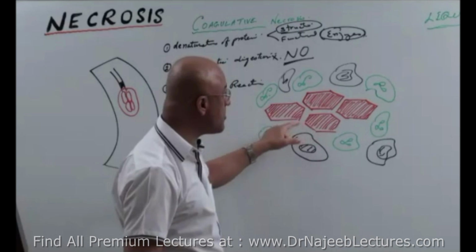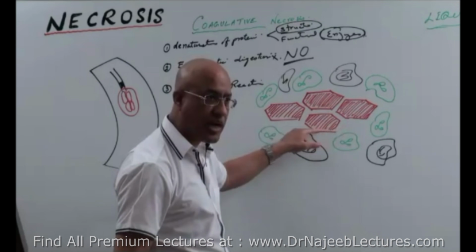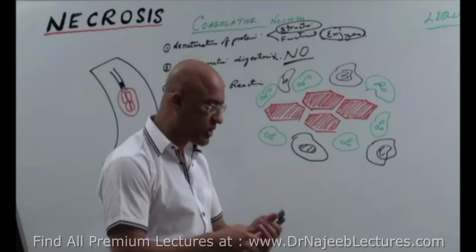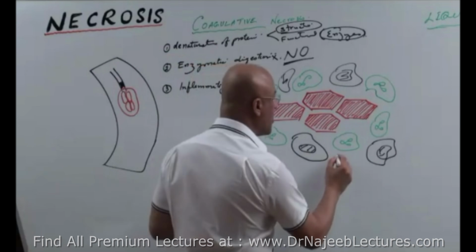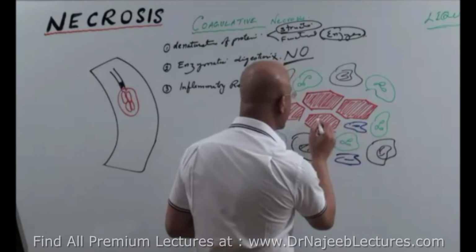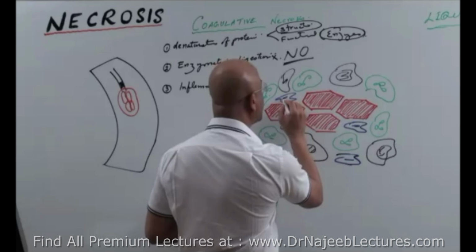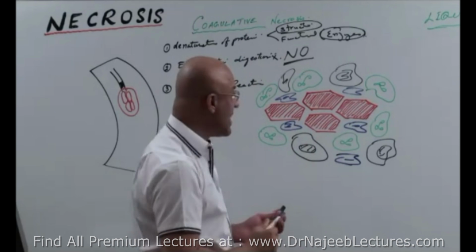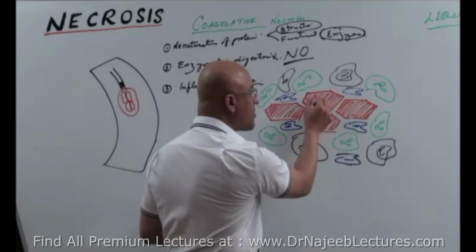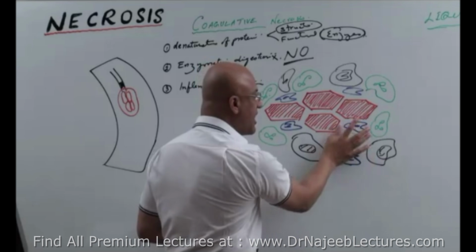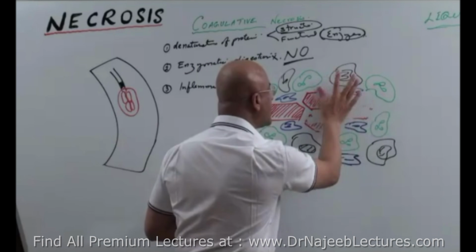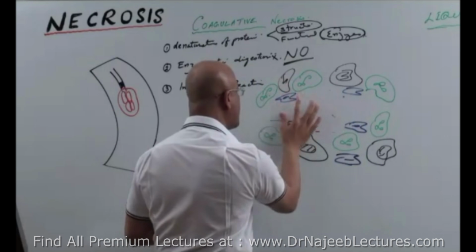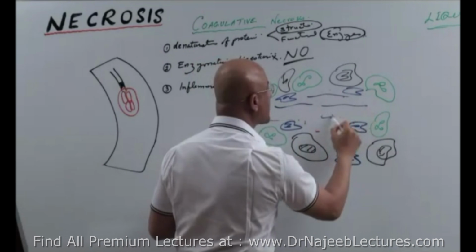Before it could become completely digested and removed by neutrophils and macrophages, local fibrocytes are converted into fibroblasts, and they migrate into this area and lay down what? Collagen, right? Gradually these cells are eaten up by neutrophils and macrophages, and as they disappear, the fibroblasts have deposited their collagen and a scar is formed over there.